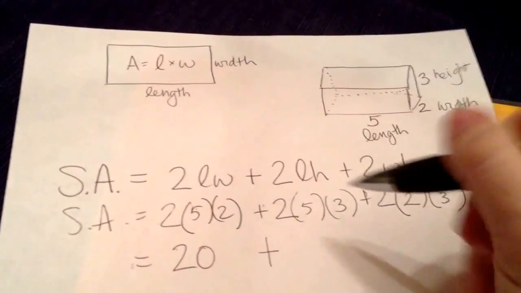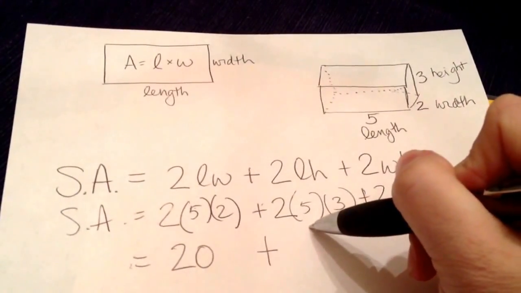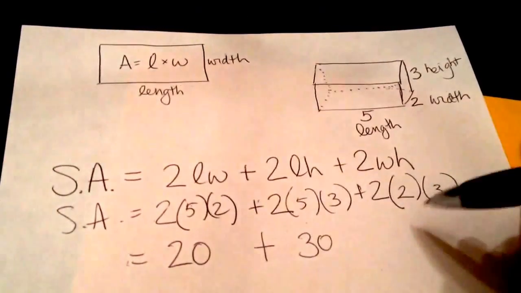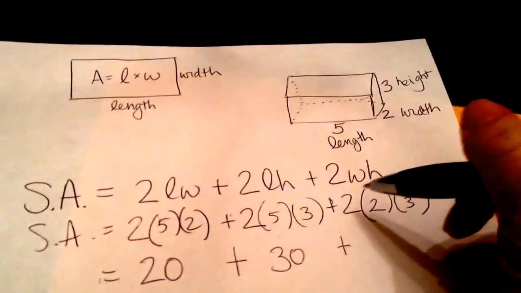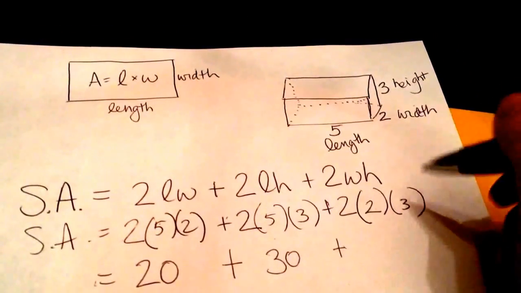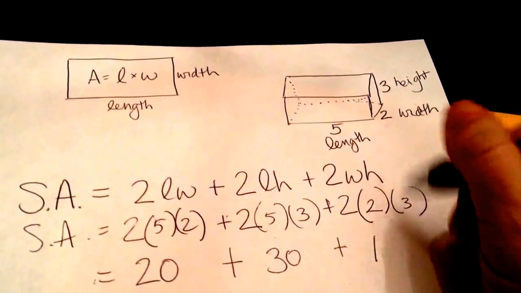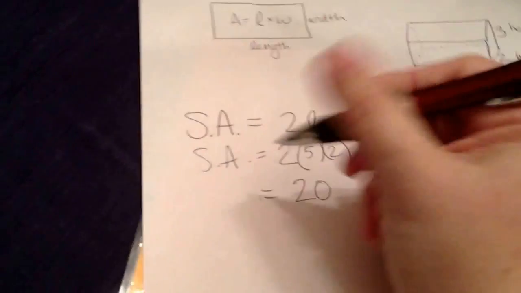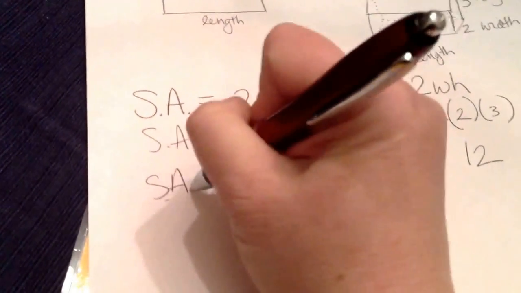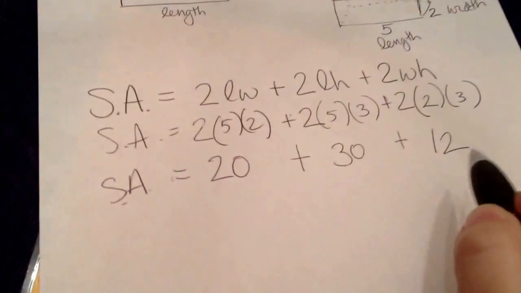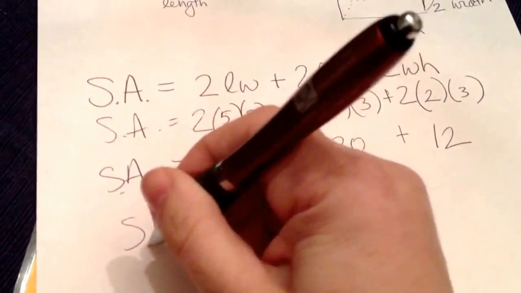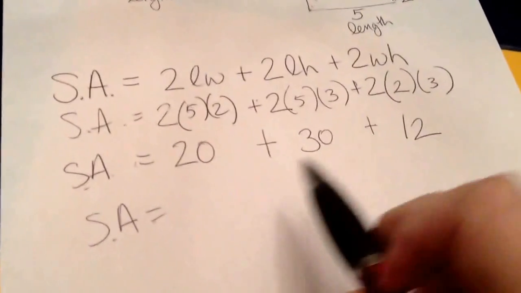Bring down your addition sign. 2 times 5 is 10, times 3 is 30. And then 2 times 2 is 4, times 3 is 12. Okay, so now to get the surface area, all we have to do is add the 3 numbers. So in this case, and you can always add them down the side if you need to.